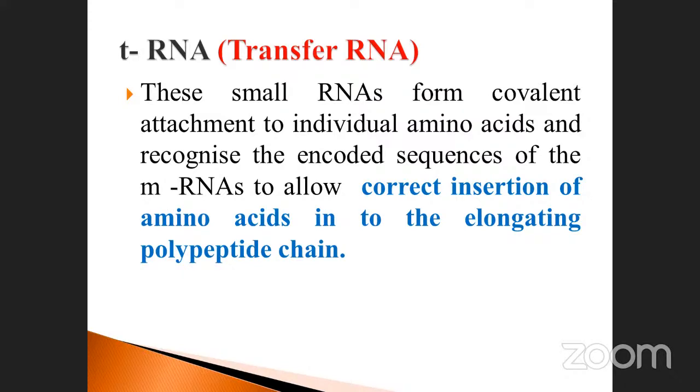The messenger codon is exactly attached with the tRNA carrying the amino acid. These two are very, very essential for the elongation of the polypeptide chain. That is very, very important. Elongation means lengthening of the polypeptide, particularly protein molecules.